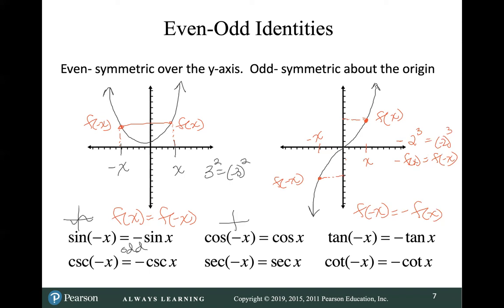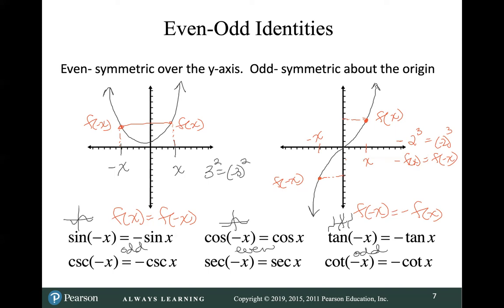Cosine, like a mustache, is even, which means that secant is also even. Tangent, very similar to cube, except that it's periodic, is odd. Therefore, cotangent is also odd.